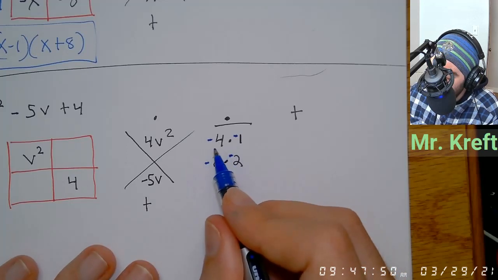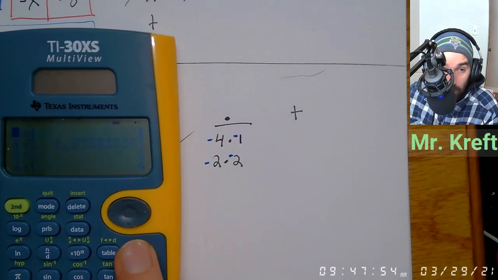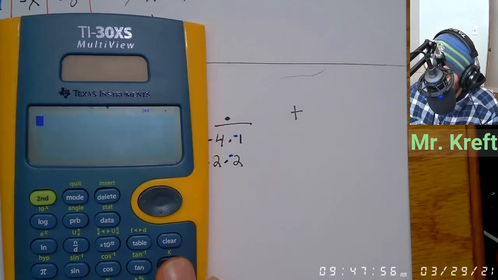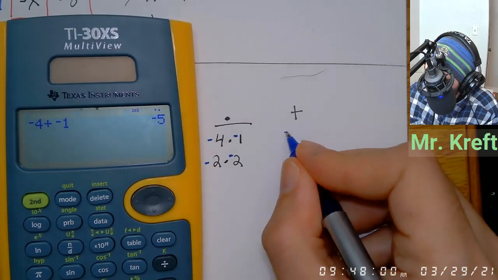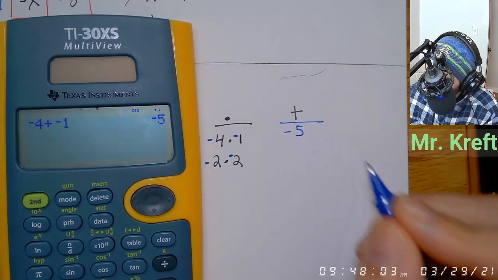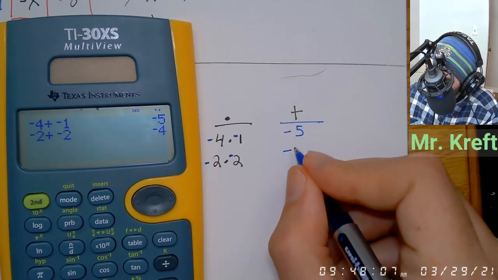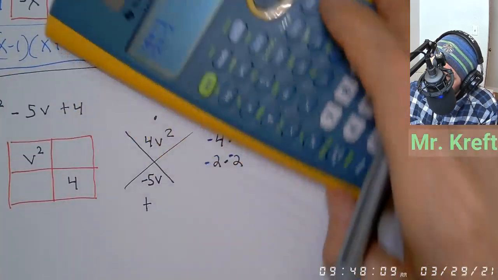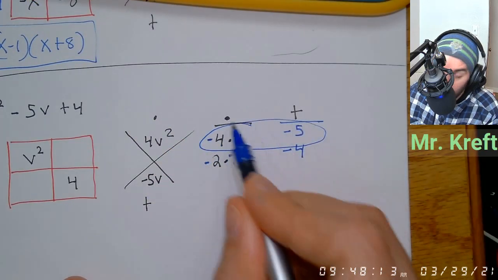So if we make these both negative, then I can add them, and I can use a calculator to add them. Negative 4 plus negative 1 is negative 5. And then negative 2 plus negative 2 is negative 4. Which one do we want? We want to add to negative 5.